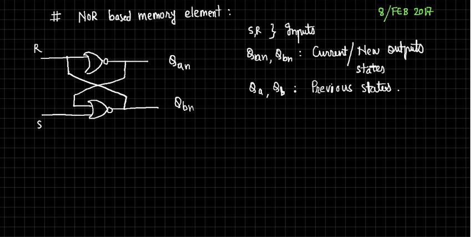When we draw the characteristic table, the behavior of this NOR based memory element depends on how we give the inputs, and on the previous values, the previous states, of the outputs. So let's draw this characteristic table.